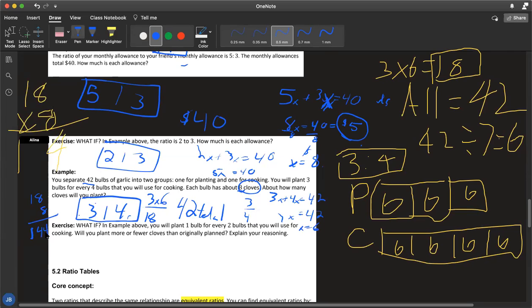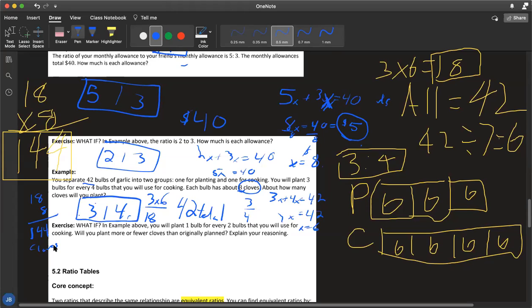So 144 cloves planted. Does that make sense, Alina? Yes. Does that make sense for everybody else? Does anybody have any questions, comments, or concerns on this problem? Awesome. Okay. Thanks for walking us through it, Brian.